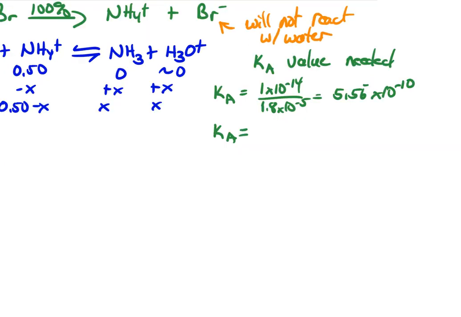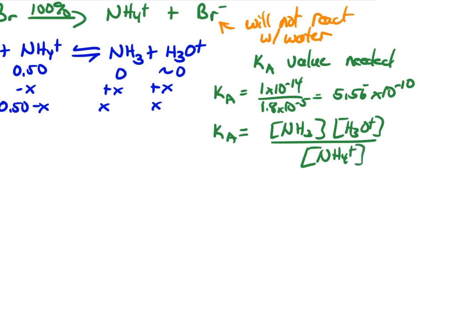Okay, we finish our equilibrium constant expression. It's the equilibrium concentrations of ammonia, H3O+, and our ammonium ion. Okay, we can substitute in our values as x, and 0.5 minus x.